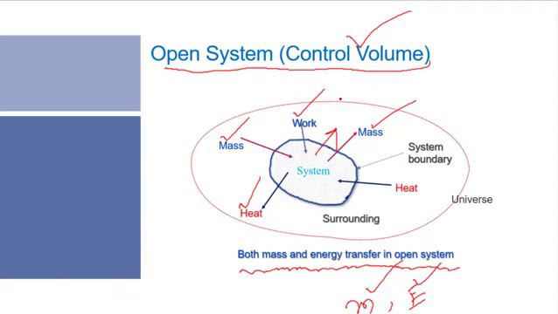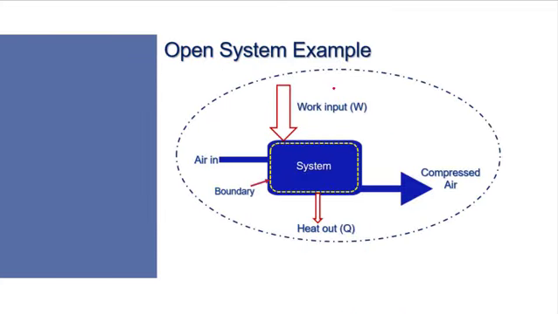A good practical example of this system would be the air compressor. Suppose this is an air compressor. In an air compressor, air enters into the system, that is mass transfer, and the air is compressed, and this compressed air is taken out of the compressor. That means again mass going out. Now for compressing this air, we have to do some work on the system, that is work done on the system.